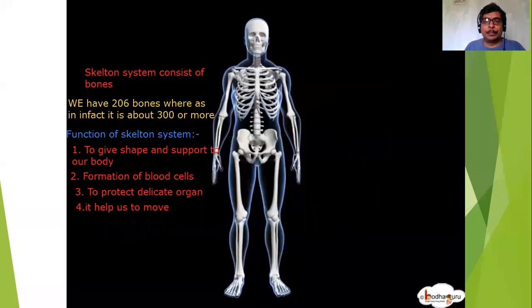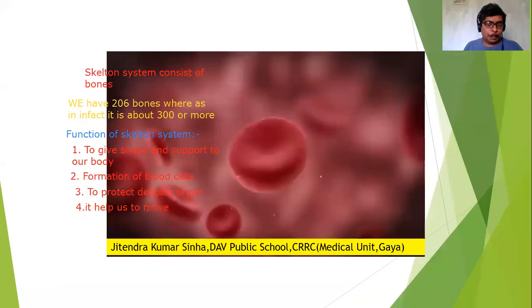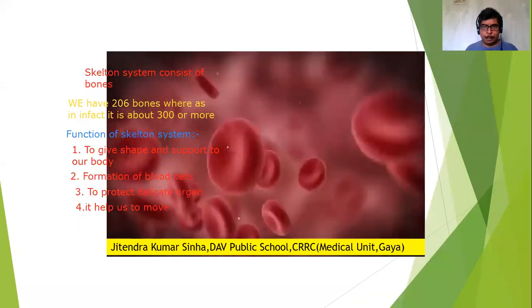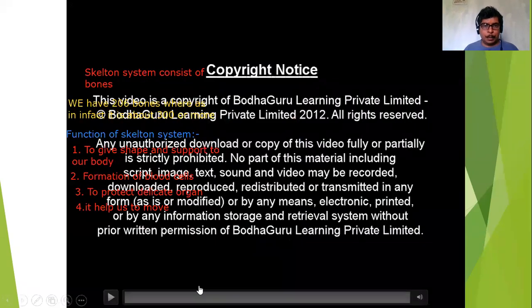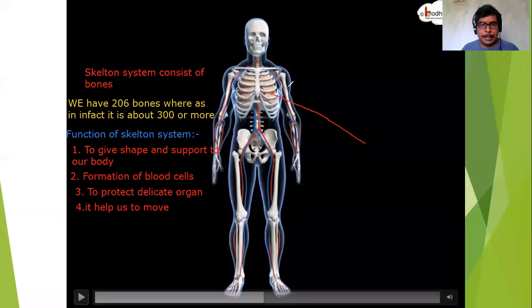I have already told you that the human adult contains, you can see, here this is the lungs inside the rib cage.